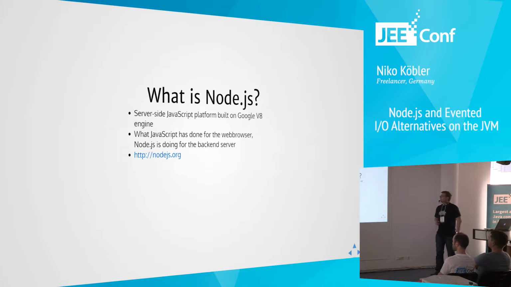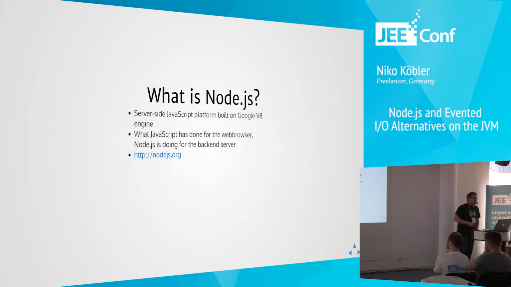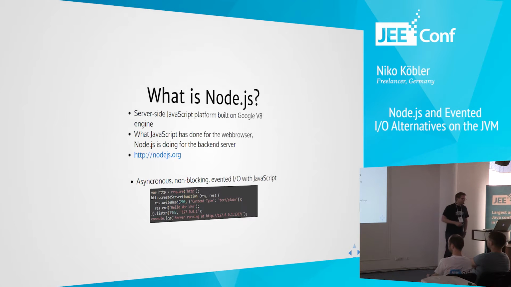What is Node.js? Node.js is server-side JavaScript. Node says of itself: what JavaScript has done for the web browser, Node.js is doing for the backend server. So it executes JavaScript on the backend.